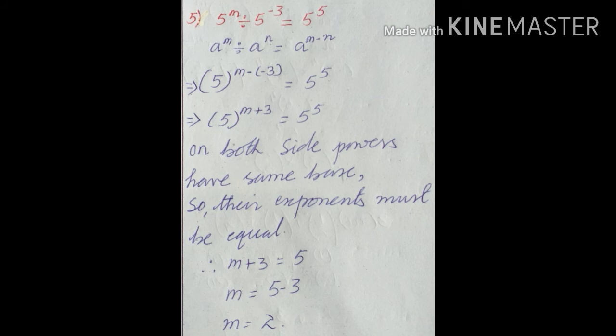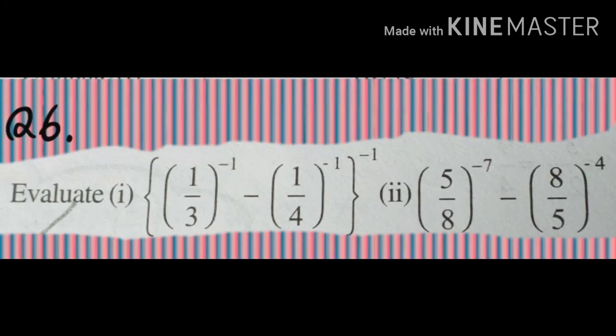So m equals 5 minus 3, therefore m equals 2. Clear?